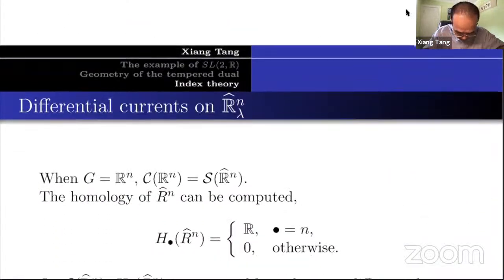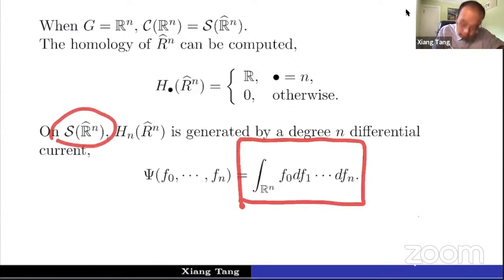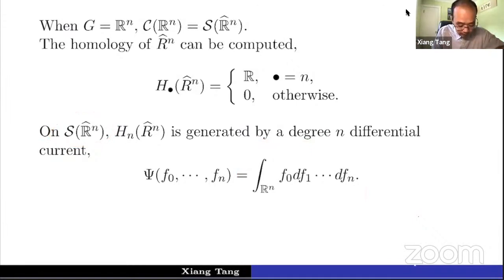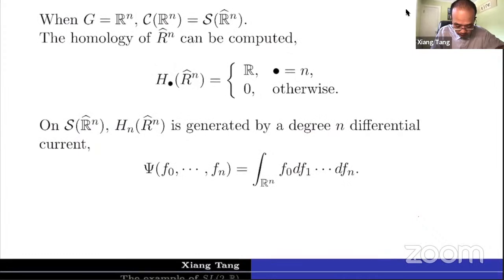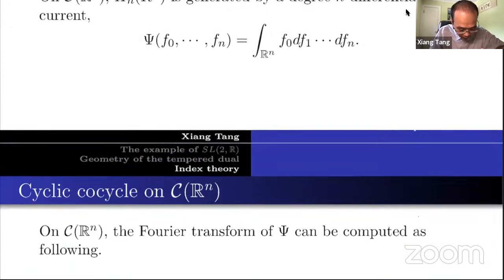And then you can write down the standard currents. We do integration, we have f0 to fn. We consider the simplest combination of our functions, put them together. And with the rapid decay assumption, we know the integral is well defined. It's a nice continuous function. So that's this example in the case of R^n.